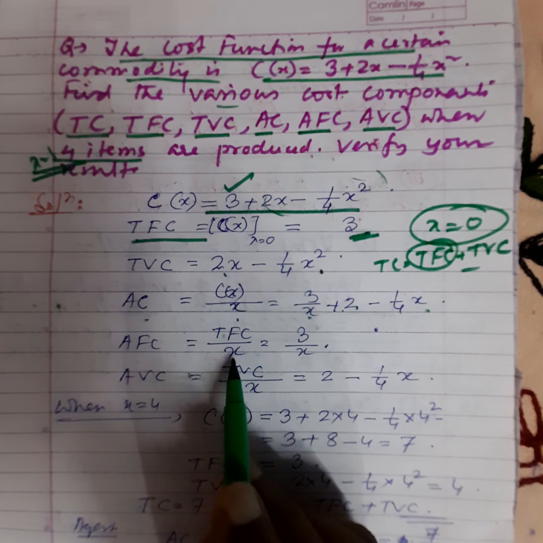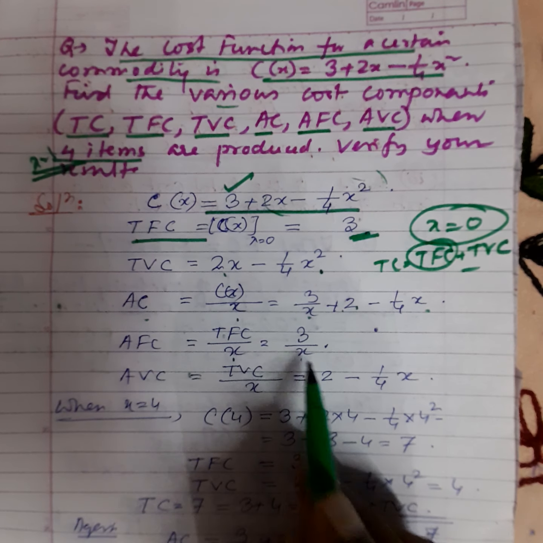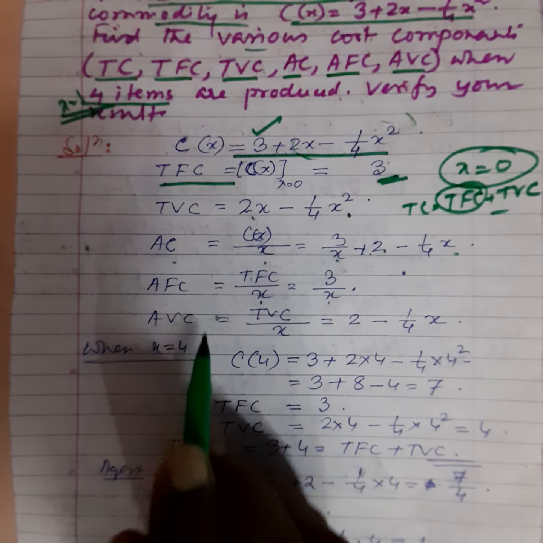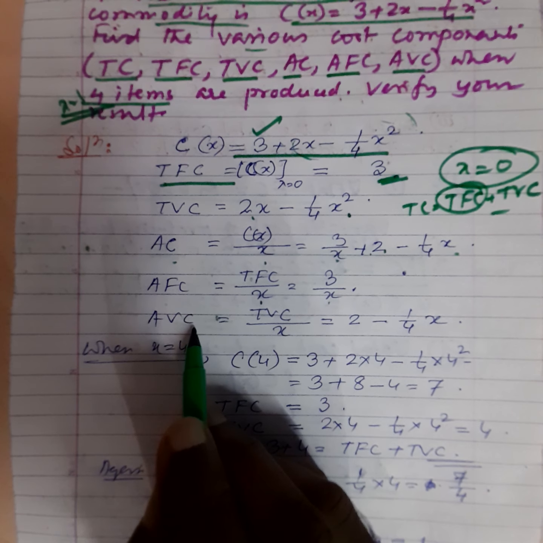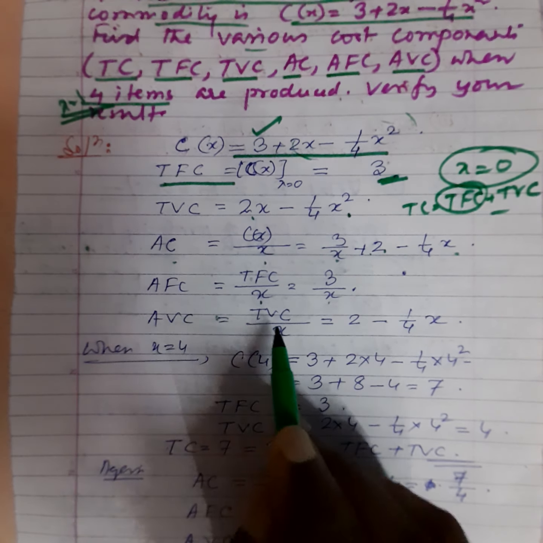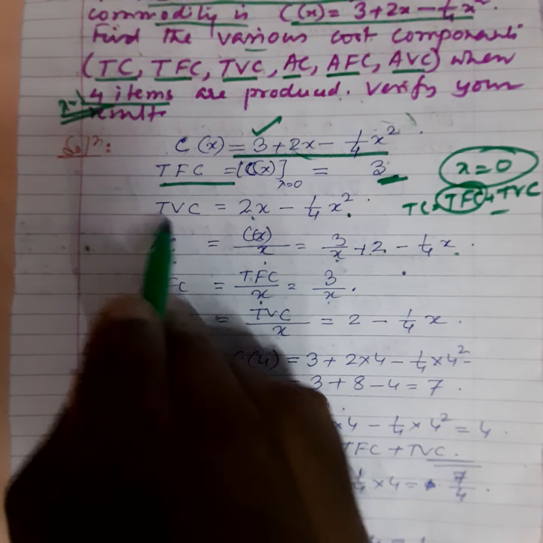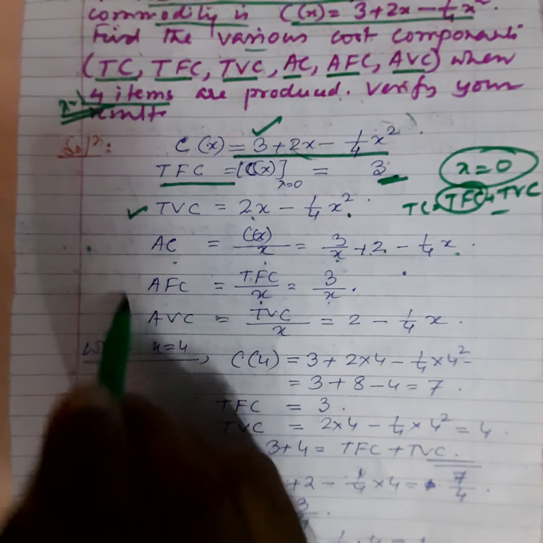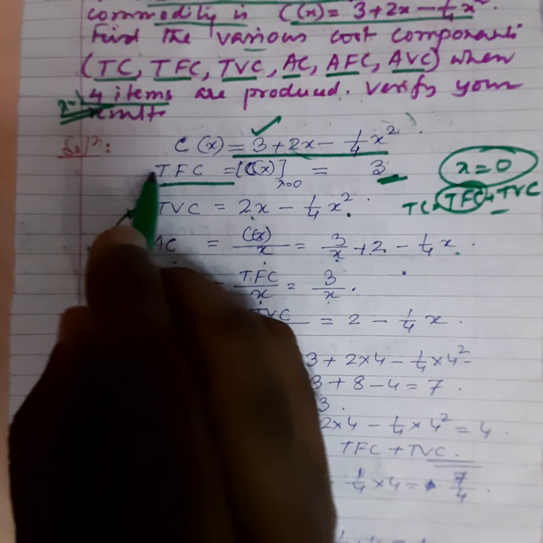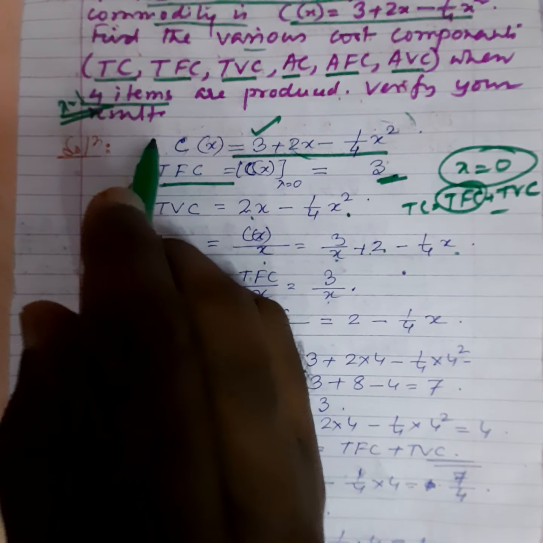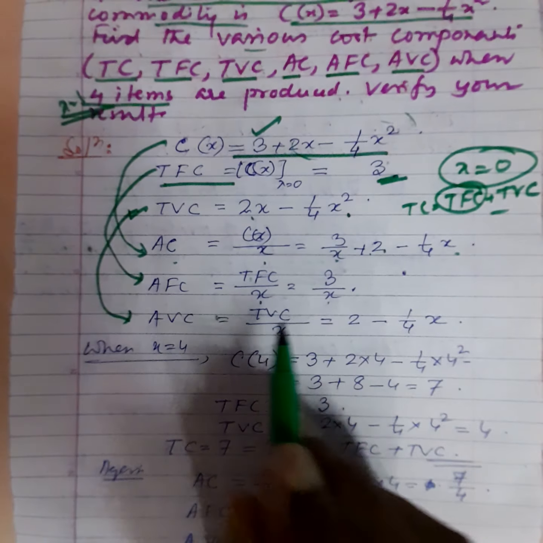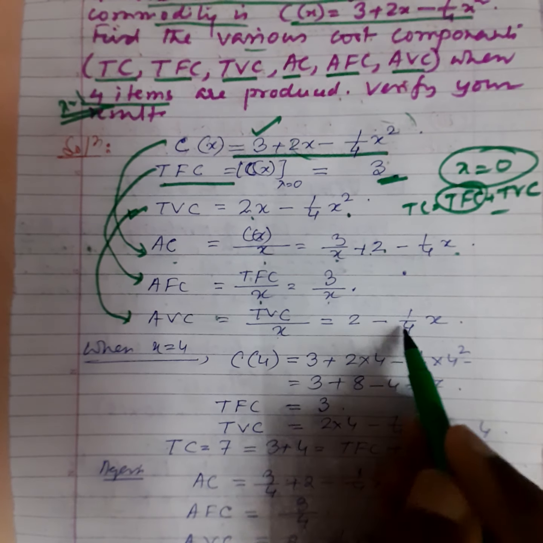AFC is equal to TFC by x, so 3 by x. AVC, average variable cost, is TVC, total variable cost, by x, that is 2 minus 1 by 4x.